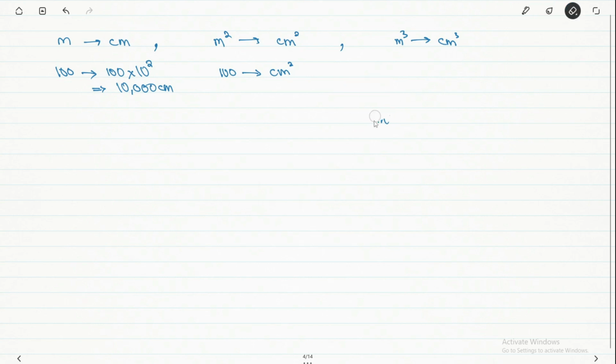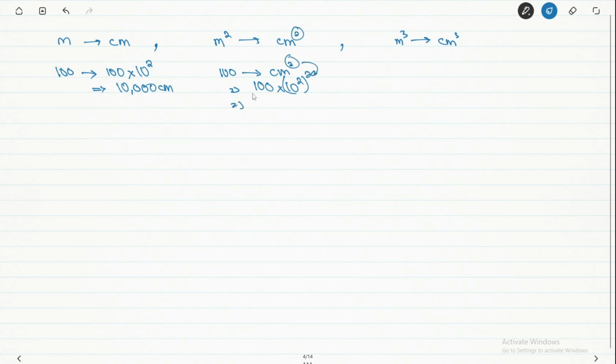So basically that's the question. Now what you'll do here is write your 100, write 10 raised to the power of 2 the same way, but you'll raise this power to the power of 2.